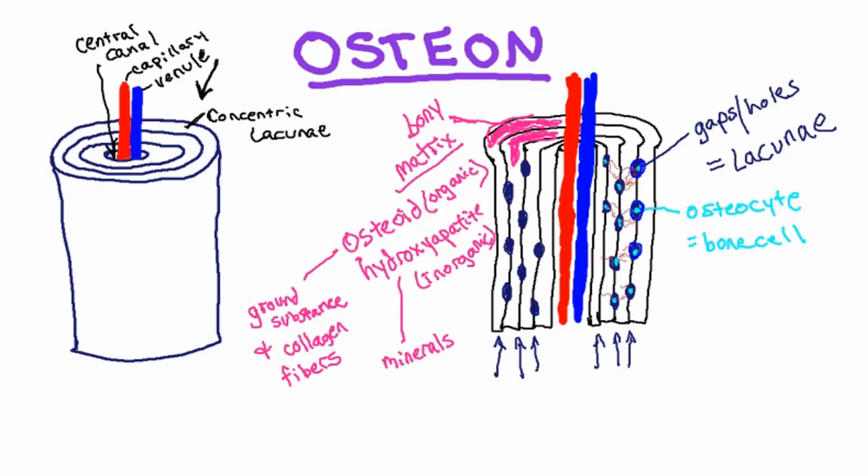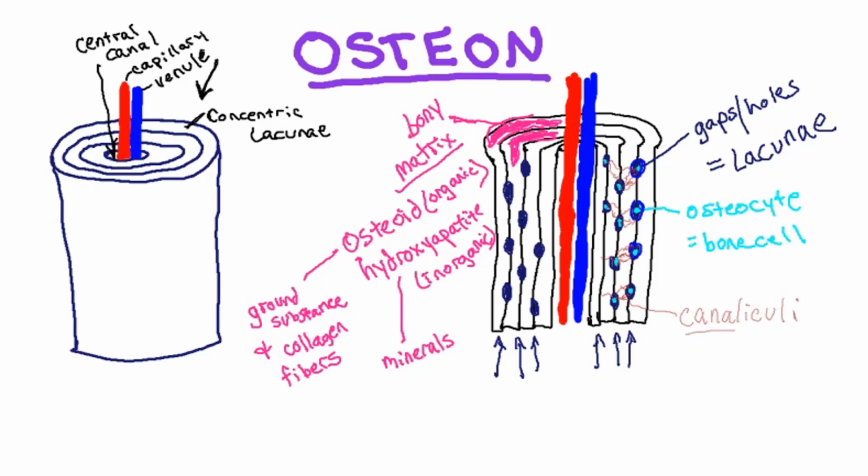And these little tiny canals that branch from cell to cell through the walls of the lamella, these little tiny branches are called canaliculi.